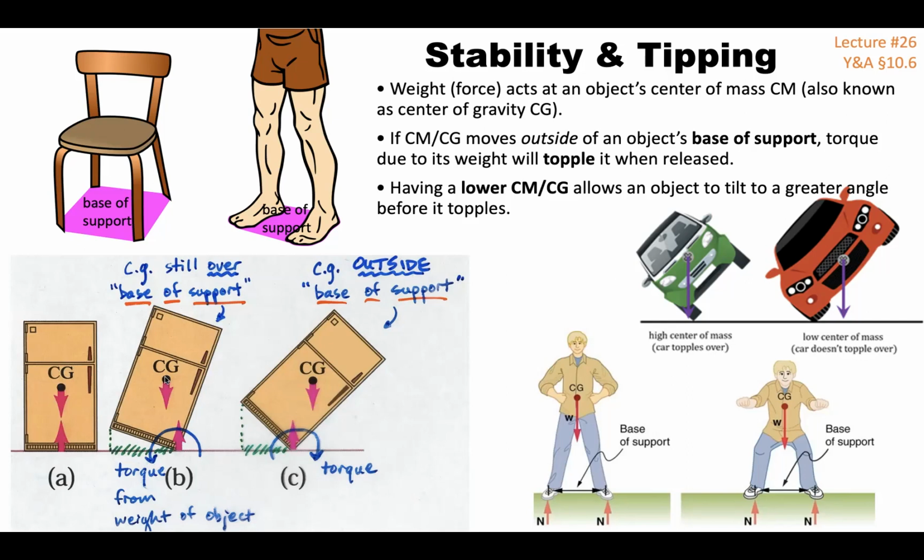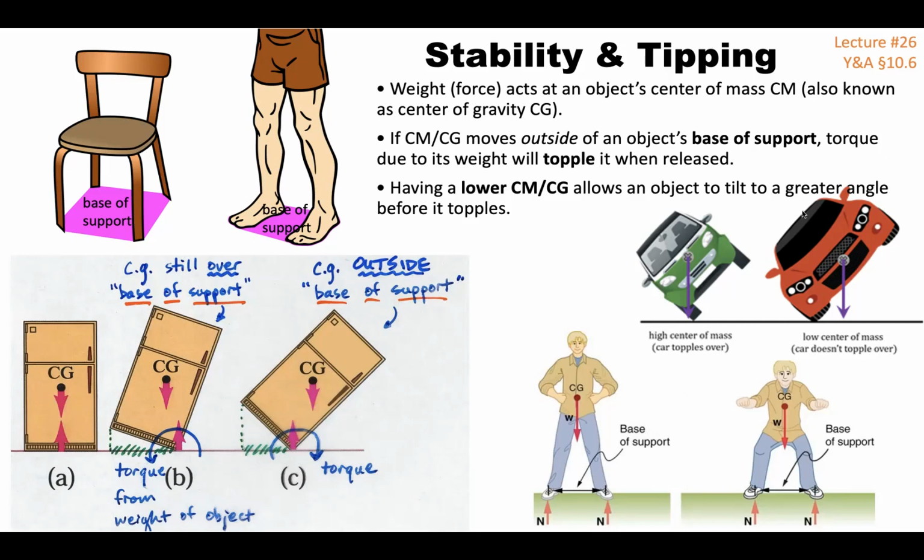If we look at where that is when the object is tipped by just a little bit, as long as that center of gravity still remains over the object's base of support, then that is the criterion necessary so that if you release the object from rest in that position, the net torque will still be back to the original equilibrium position, and the object will right itself.